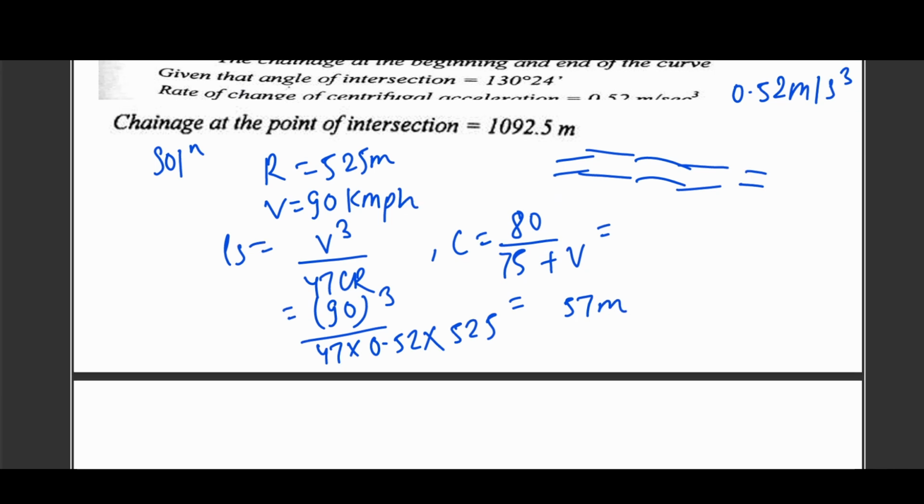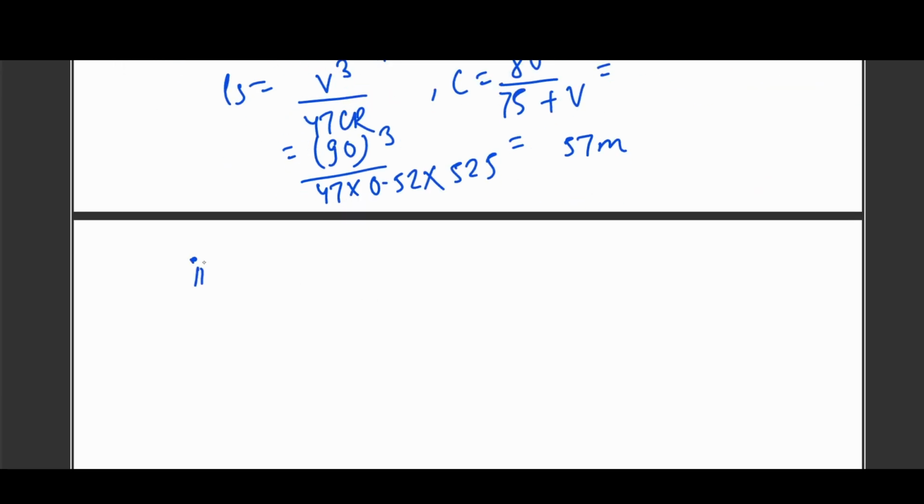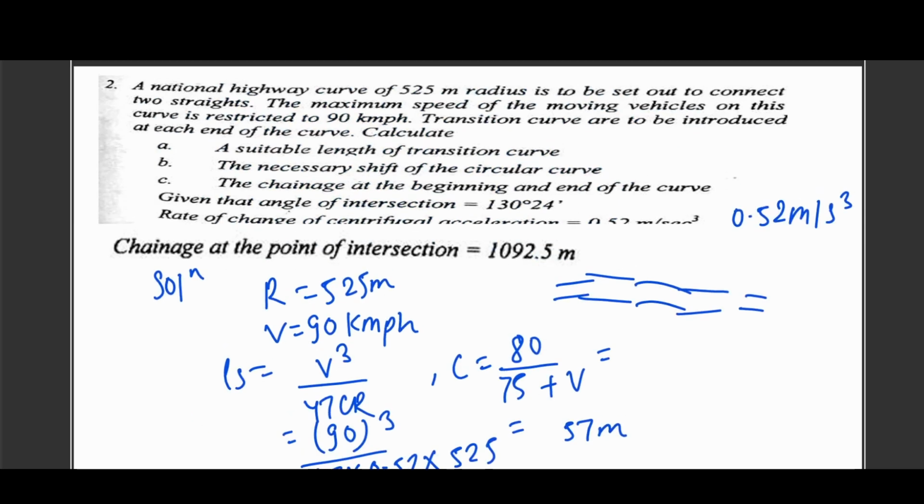And in the second part, we need to calculate according to the length of introduction of super elevation, and we consider that the super elevation is provided by rotating the inner edge of the pavement. So what is the value of N?